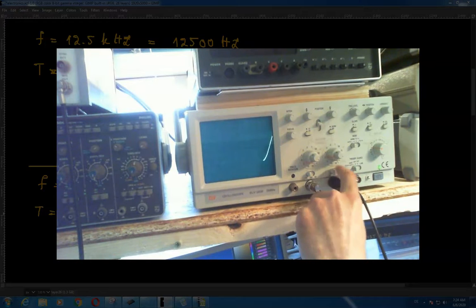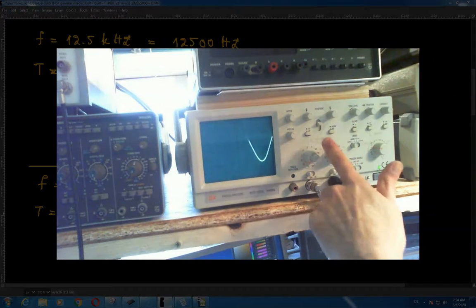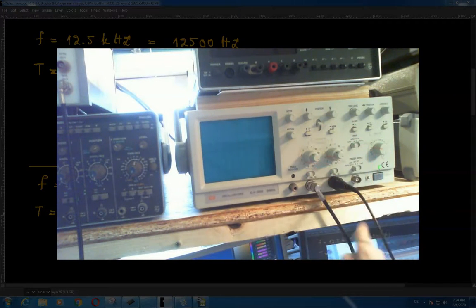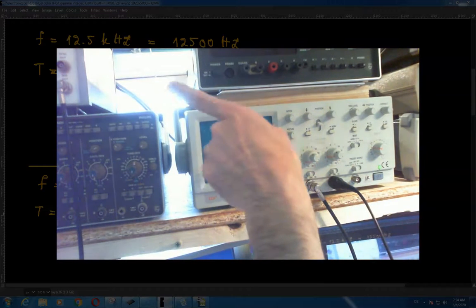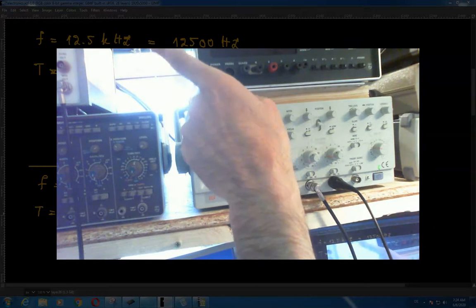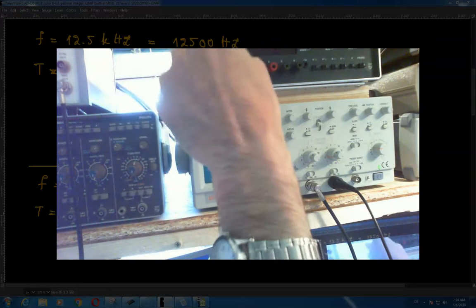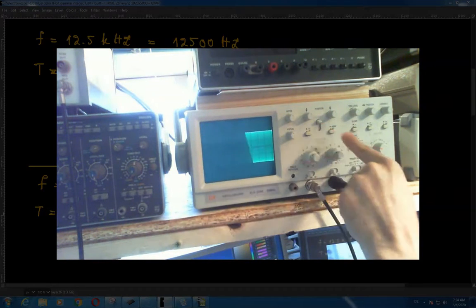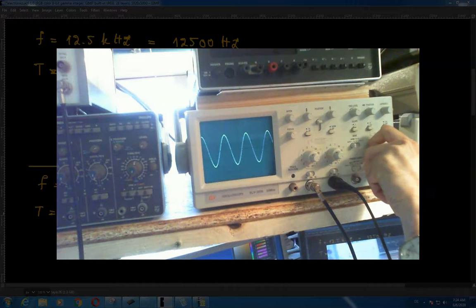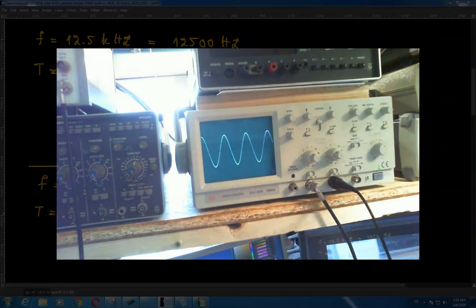If I go to AC, now I can see my channel 2, which is the input that comes from the second generator on top on the left hand side. And if I go to channel 1, I see the other wave that comes from the first signal generator.